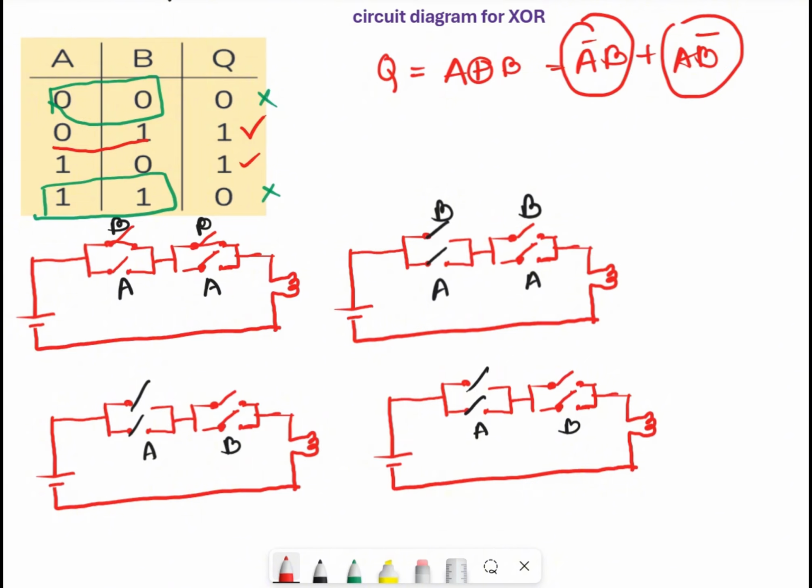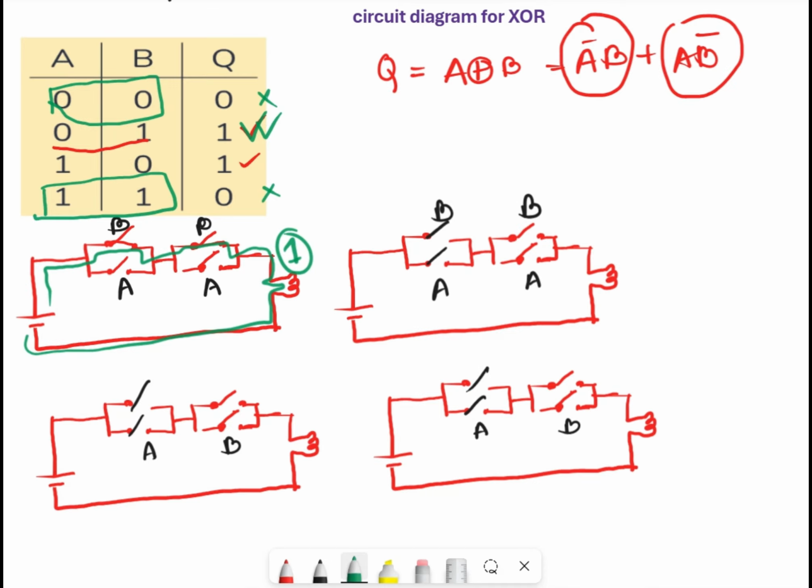It means there will be current flow through this direction, like so. It will complete a circuit. It means we will have the output 1, which justifies this second case.